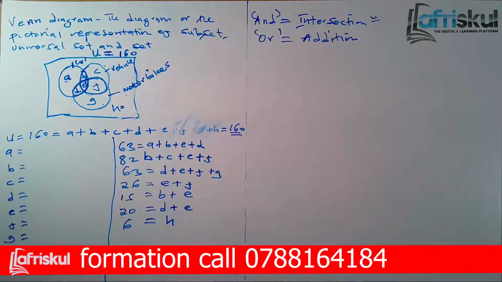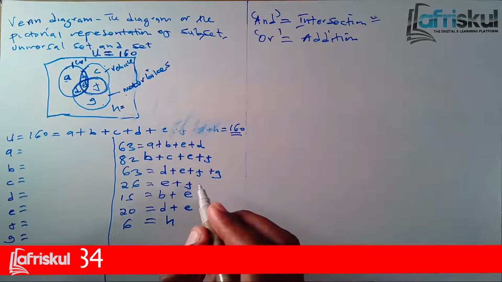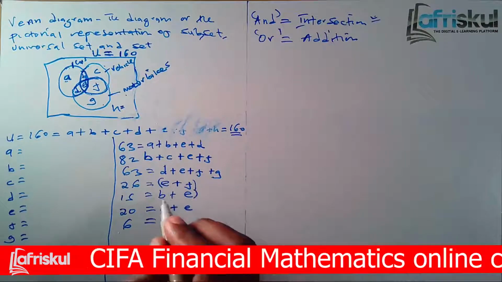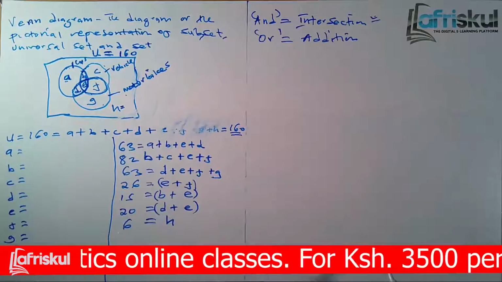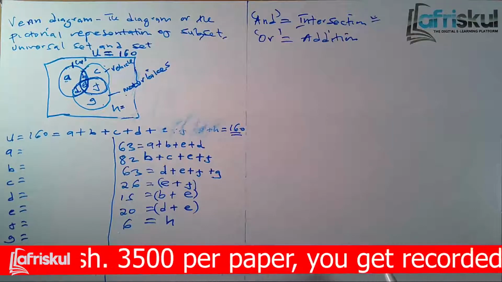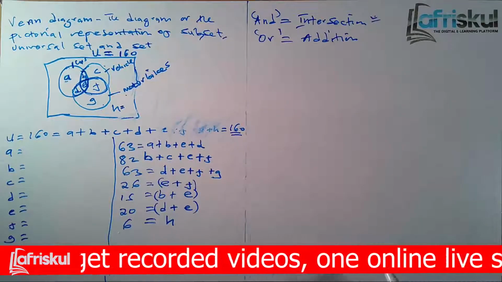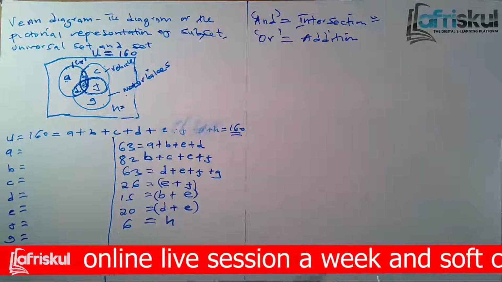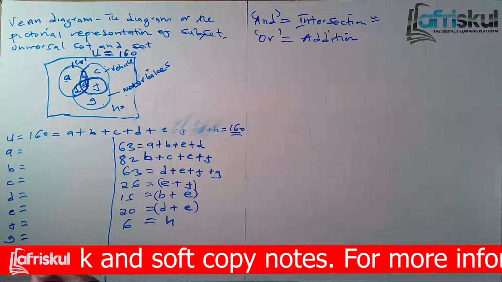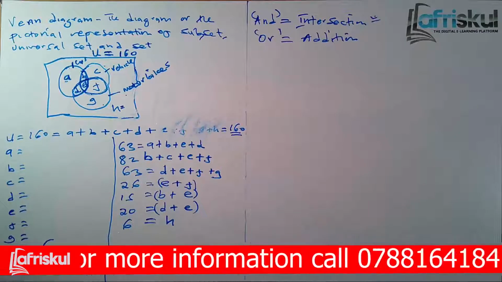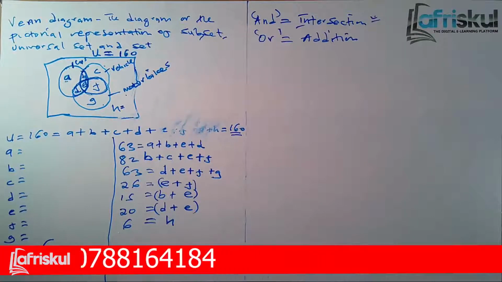Therefore, where do we begin? A student will ask you, where do we begin? We have D plus E, we have B plus E, we have E plus F, and we have H. The examiner has already given us H, so we can give H as 6.